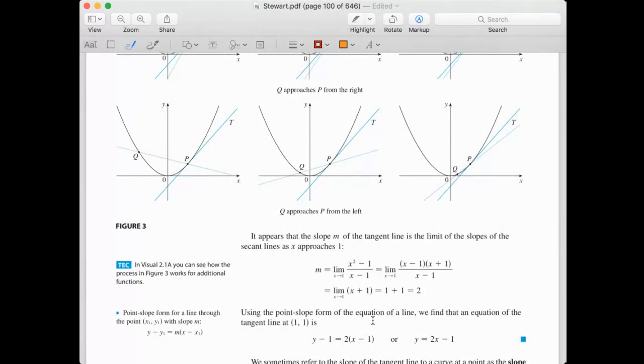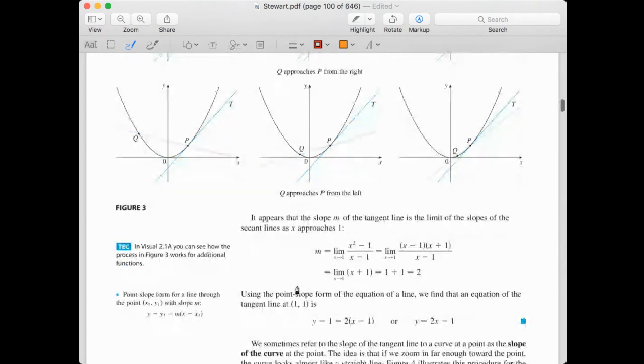Okay, now let's take the slope at the point P. So how do we do that? We take the limit, we let the x value in point Q, so the point Q is (x, x squared), right?